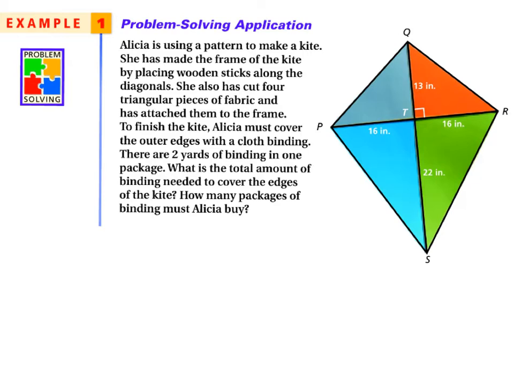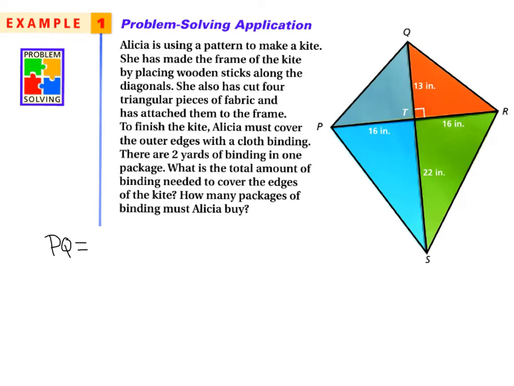So we need to actually look through this problem and figure out what I need to do. Since I need to know how much binding is needed to cover the edges, I have to find all of the edges of this kite. Being that I have 4 right triangles and I have 2 of the 3 sides, I have to use the Pythagorean theorem. So let's start with length PQ.